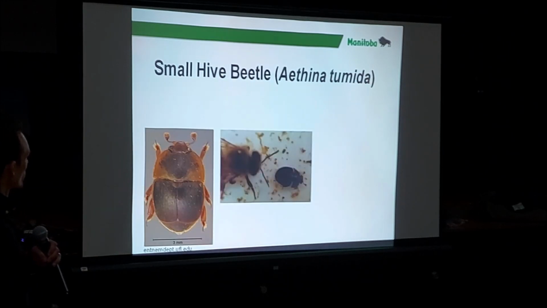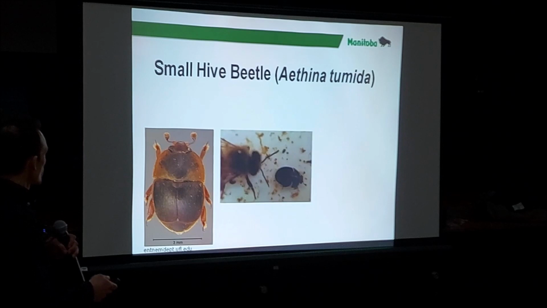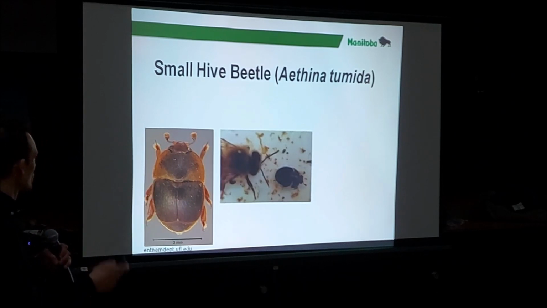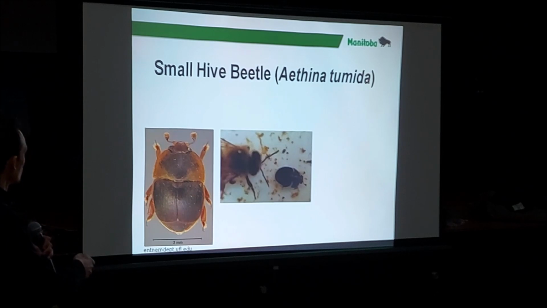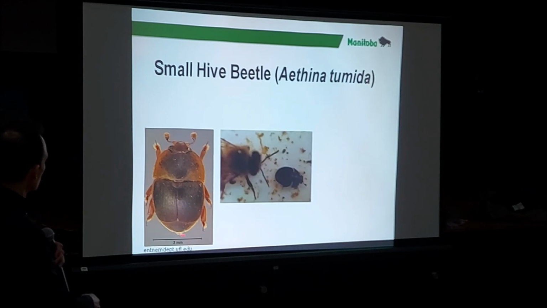Small hive beetle, scientific name Aethina tumida. Basically, it kind of looks like some other beetles you may see in your hives or in your buildings at times, some dermestid beetles. But one way to distinguish it is it has these very large clubbed antennae. It's roughly about 3 millimeters in width, I think 5 millimeters long.